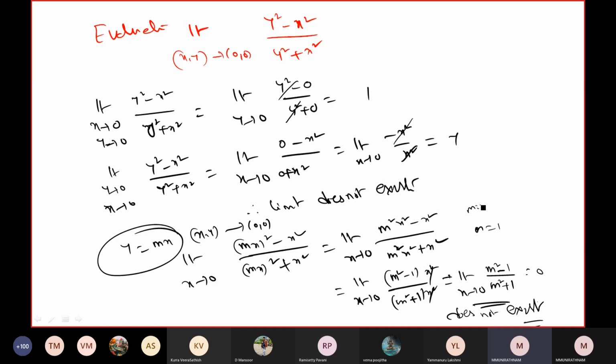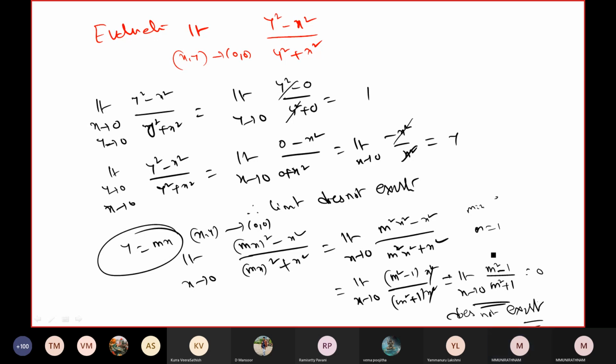If I take m equal to 2, then it will be 3 by 5, right? 3 by 5. So for different values of m, it will give different values. That's why the limit does not exist. Okay, now fine.